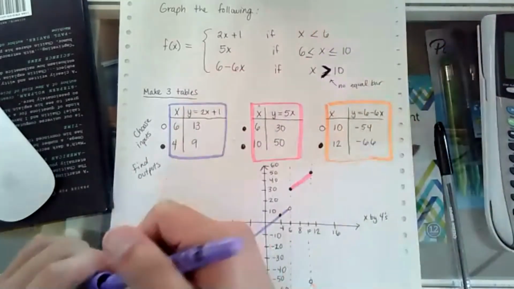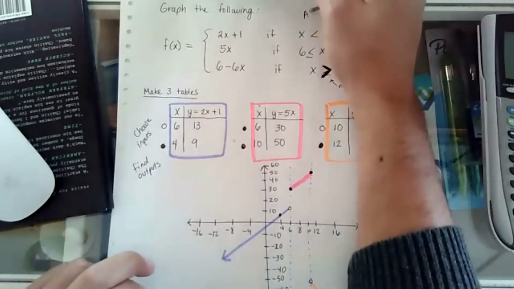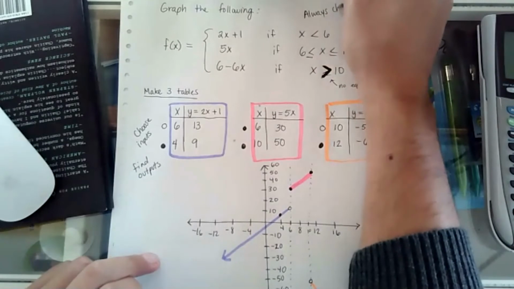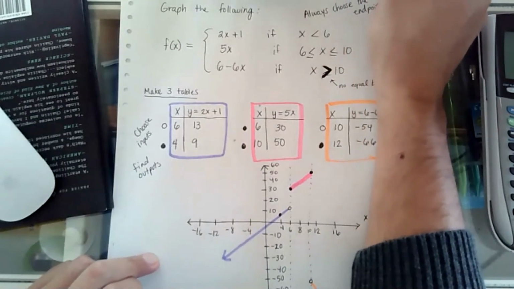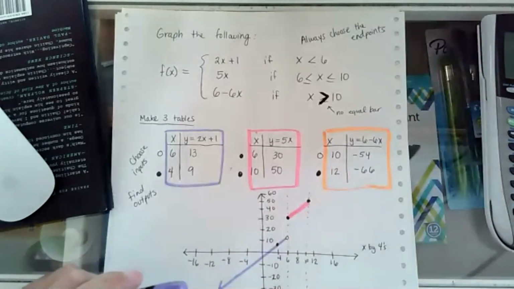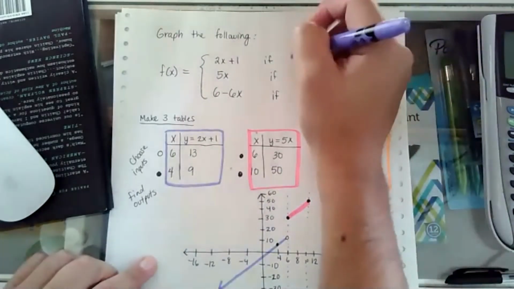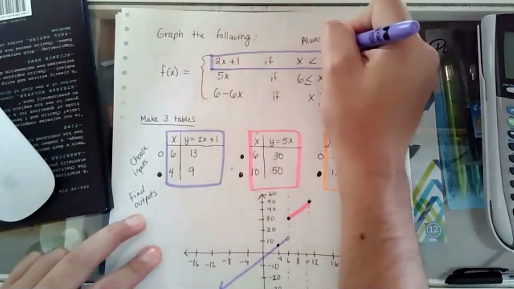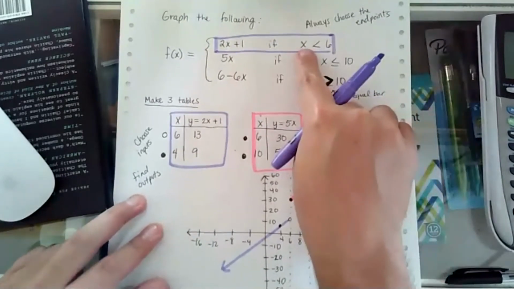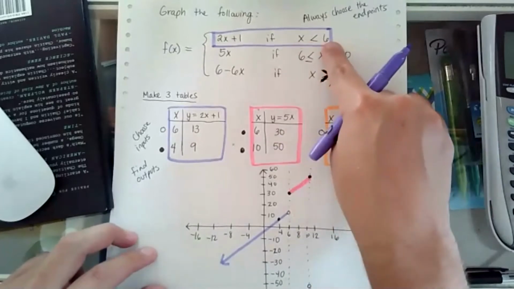So I would say, let me write a little note here. Always choose the endpoints. Because for some of the graphs, like for this first one, we want to know what happens as we get very close to 6.